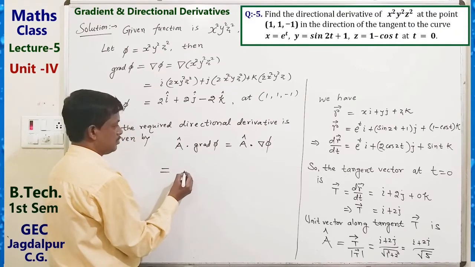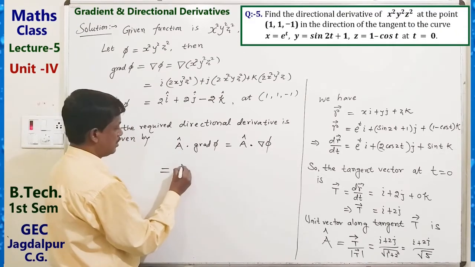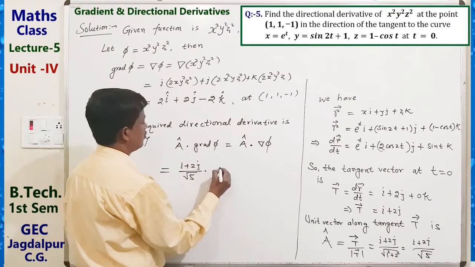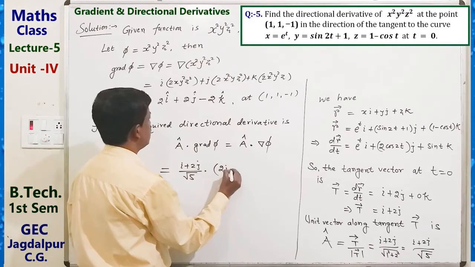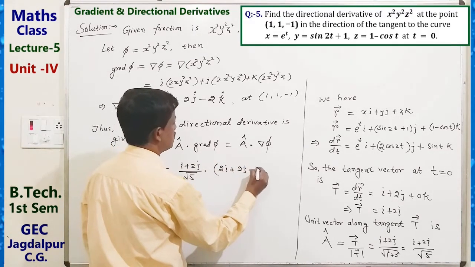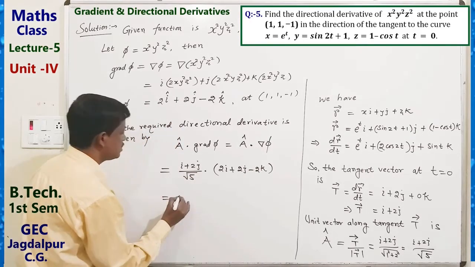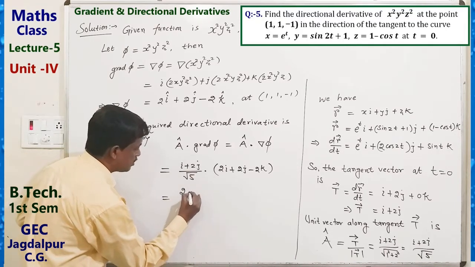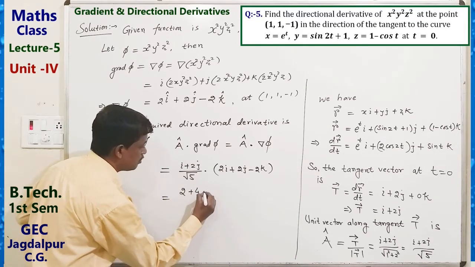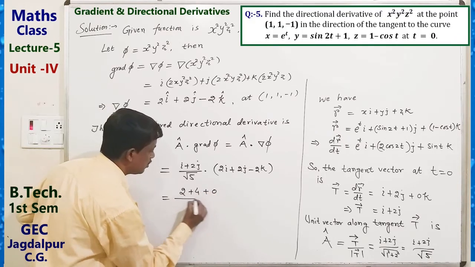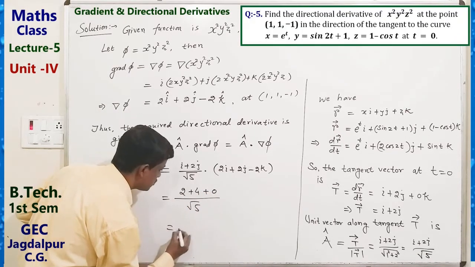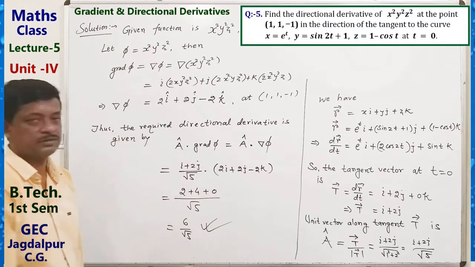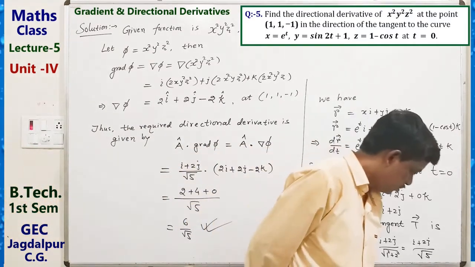That equals A cap, this (i plus 2j upon root 5), dot this del phi (2i plus 2j minus 2k). So this equals 2 plus 4 plus 0 upon root 5, which is 6 by root 5. This is our solution, the directional derivative. Okay, so 6 by root 5.